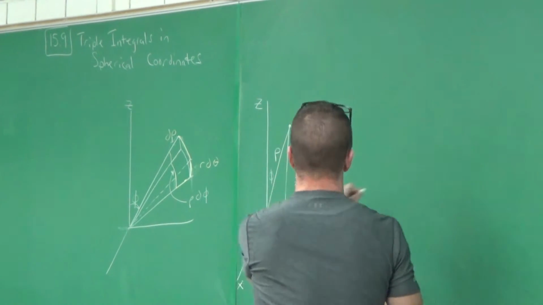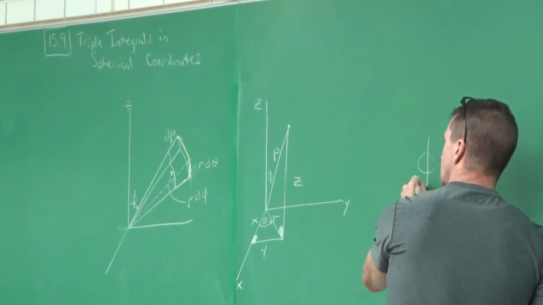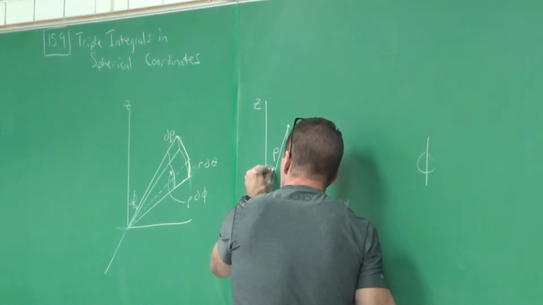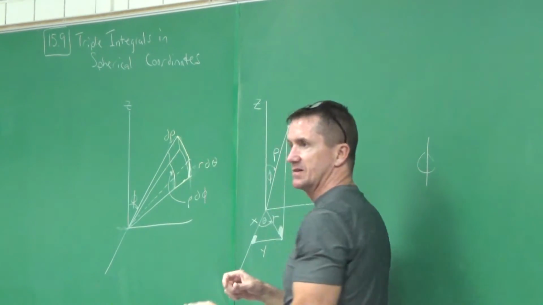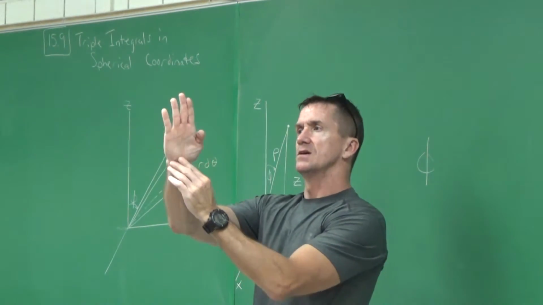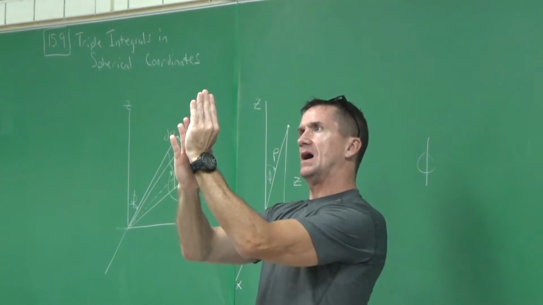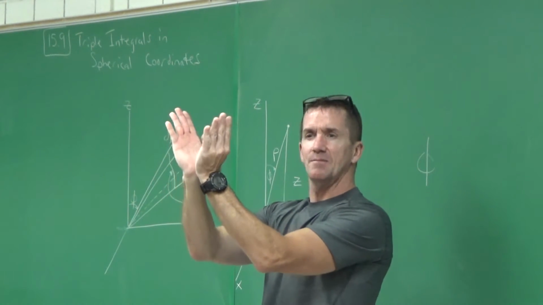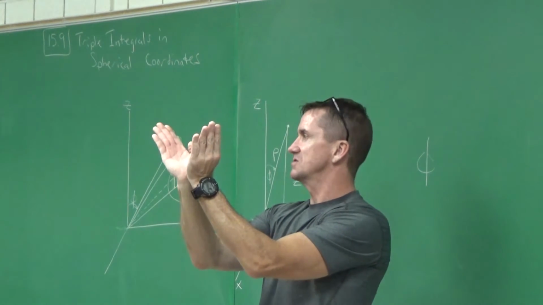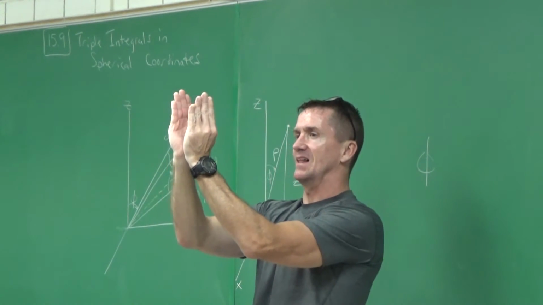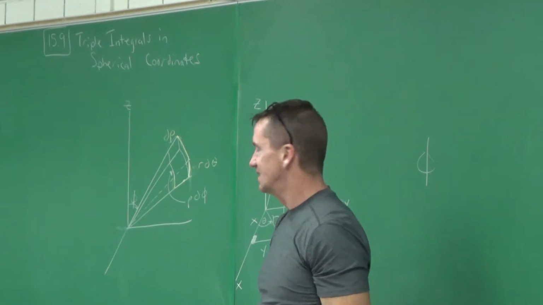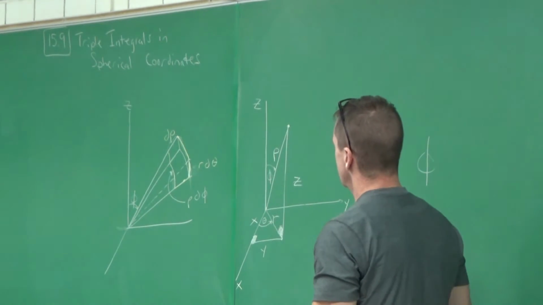Phi is formed such that it's adjacent to the positive z-axis and just comes outward. That's why it makes it really easy with cones, because you just bend out like this from the positive z-axis all the way around, giving that cone formation.